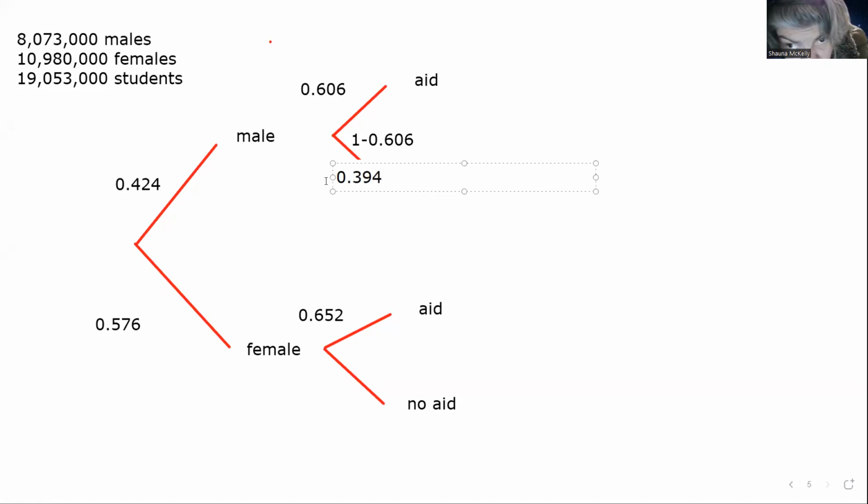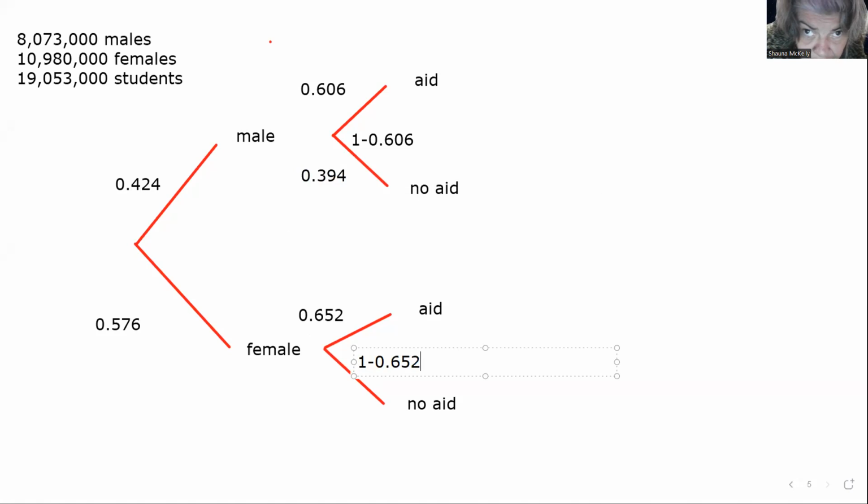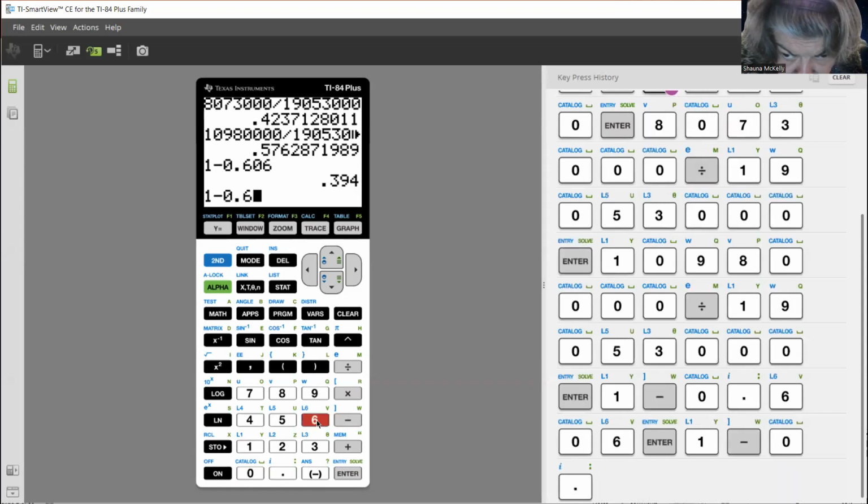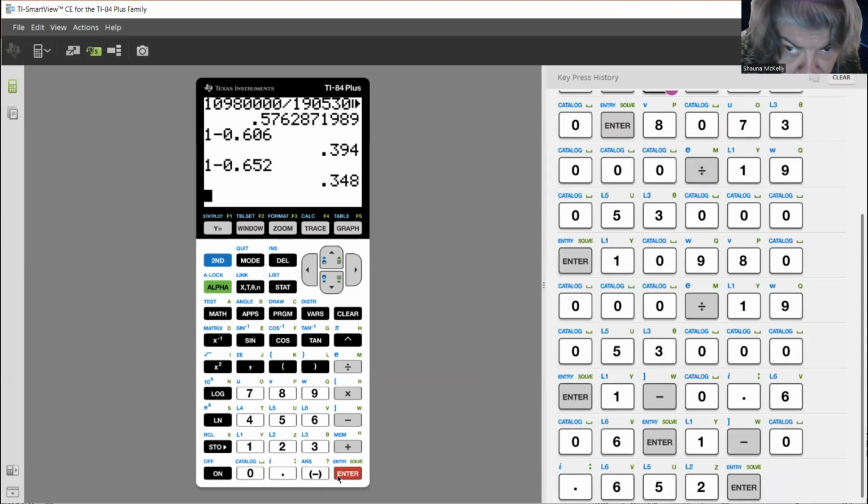Now, I'm going to do the same thing for the females. This branch is going to be 1 minus 0.652. So if I do 1 minus 0.652, this is 0.348.